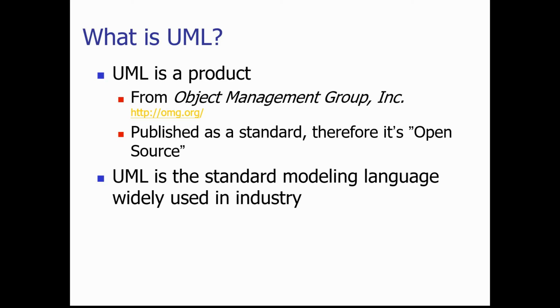UML also includes some new concepts that were not present in other major methods, such as the extension mechanism and the constraint language. So UML has been designed for a broader range of applications. You'll see that UML is quite powerful.